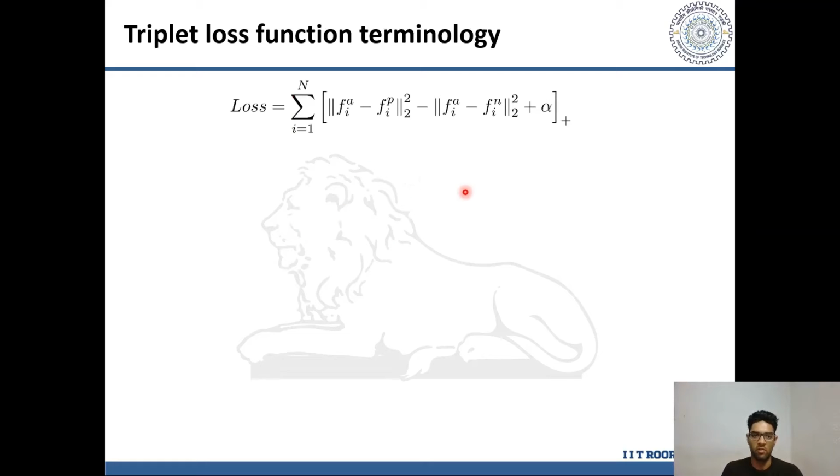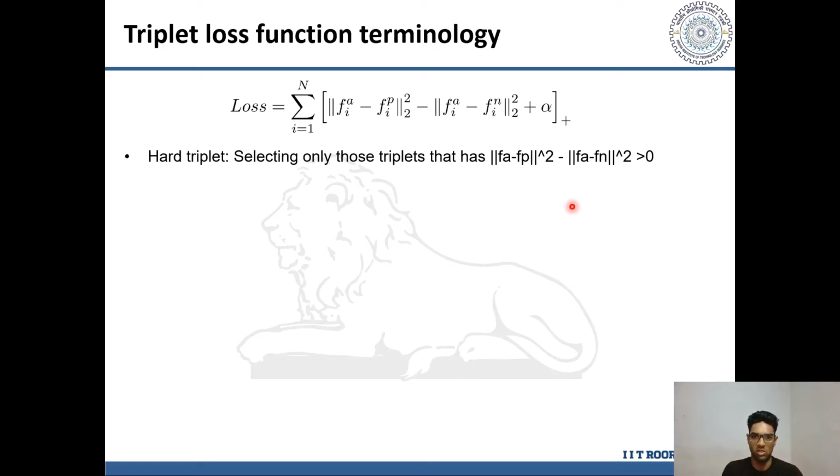For that, we need to understand some terminology. A hard triplet is one where we put a condition that we need our embeddings to be maximally separable from each other. We cannot take all our data points because it will bias our data set. Say we take all our data points and some are very easy to classify.